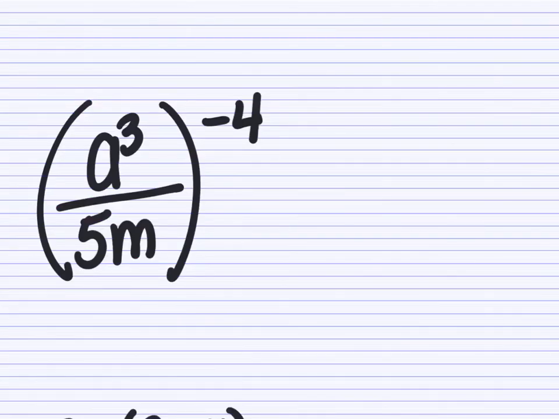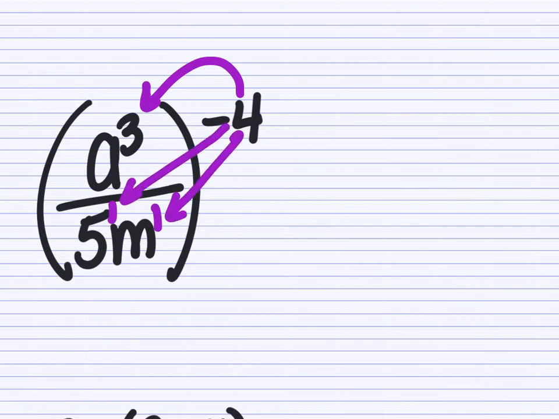Looking here, we have a negative 4 exponent. So two things that you could do. You could recognize that that's a negative exponent and it's going to flip everything on the inside. Or you can distribute the negative 4 exponent. I'm going to put a 1 here and a 1 there. So distribute the negative 4.